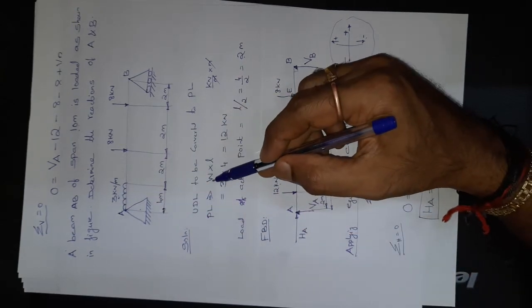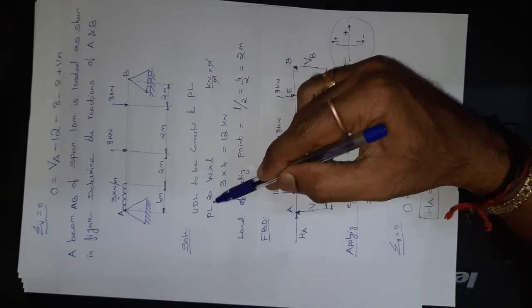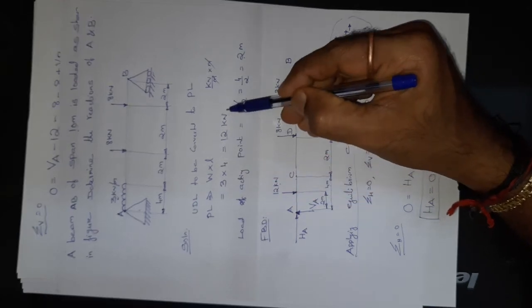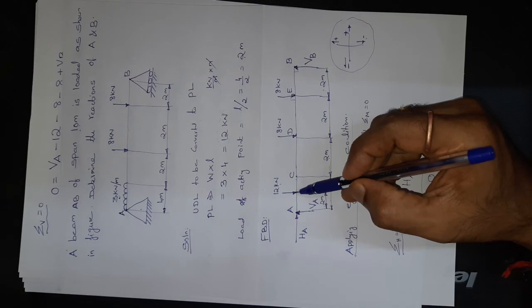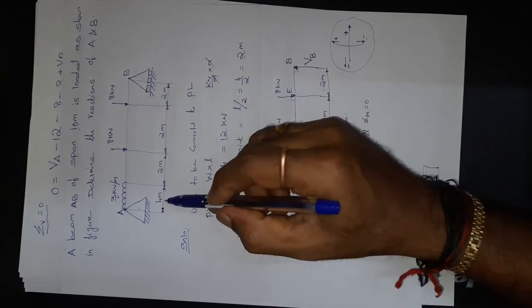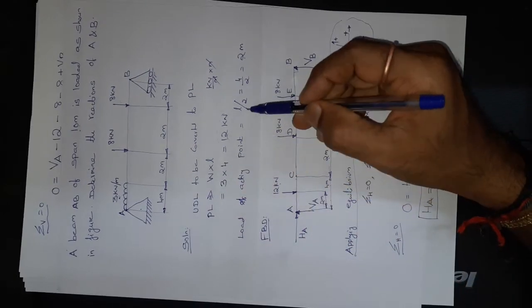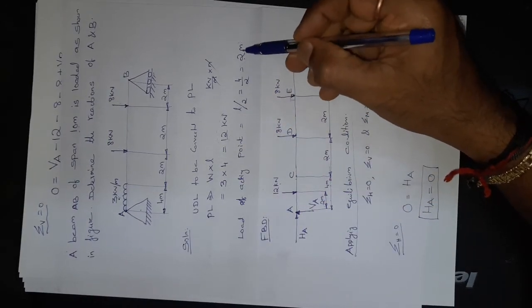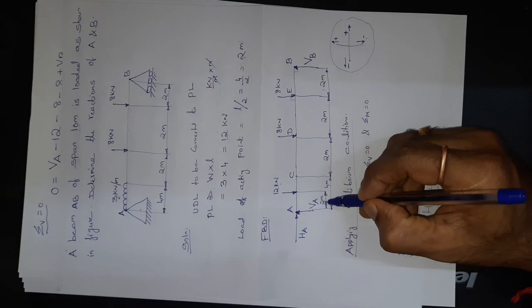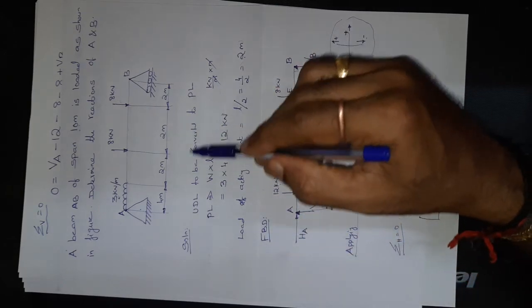Since we have converted that UDL into point load, this magnitude only you have to substitute in the free body diagram. And for the load acting point, you should not mention 4. The load acting point of the point load is 2 meter, which we have converted here. So that you have to specify here. This is where you encounter the mistake.